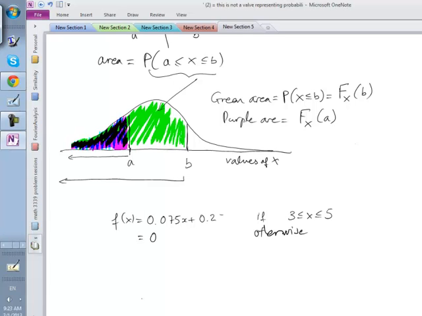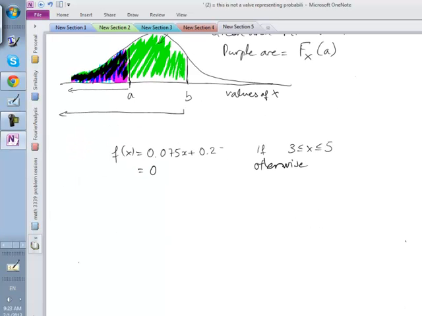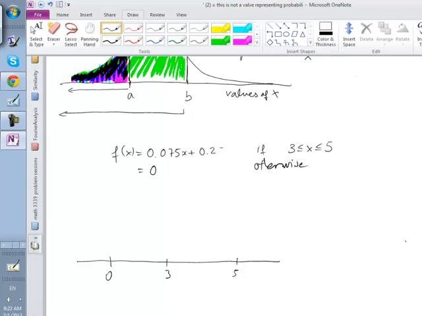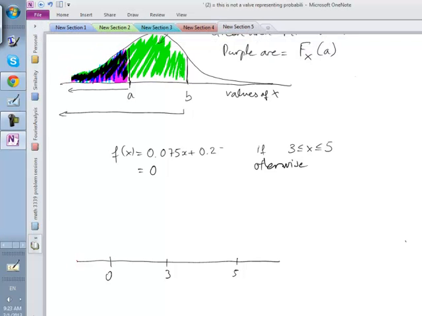The graph of the PDF should be like this. Here is 0. Let's say here is 3. Here is 5. And let's do the graph with the red line.